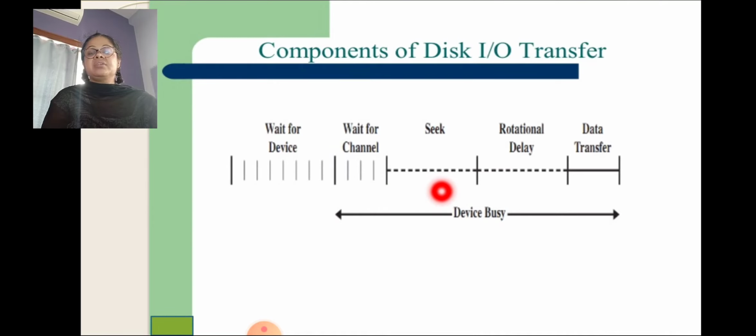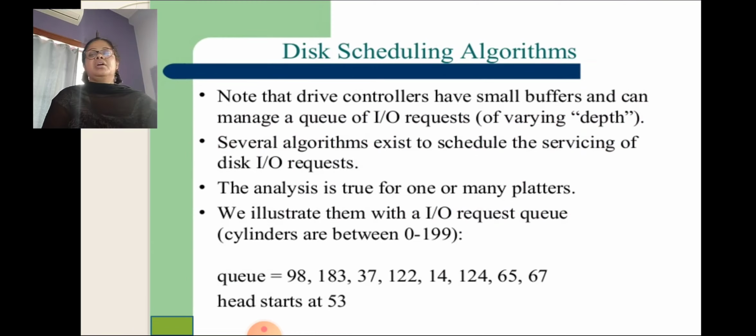After the seek time comes the rotational delay, and after the rotational delay there is the data transfer. Note that drive controllers have a small buffer and can manage a queue of IO requests.